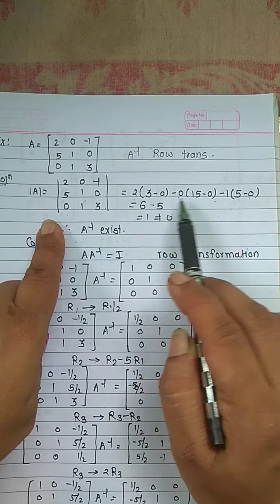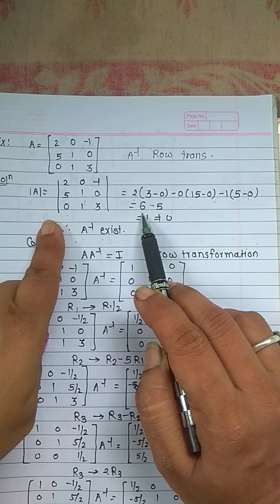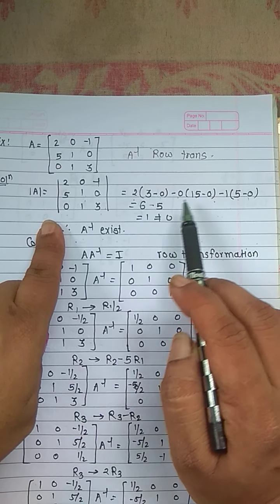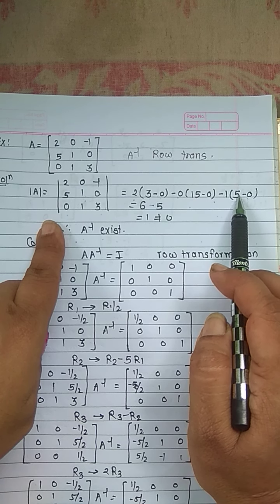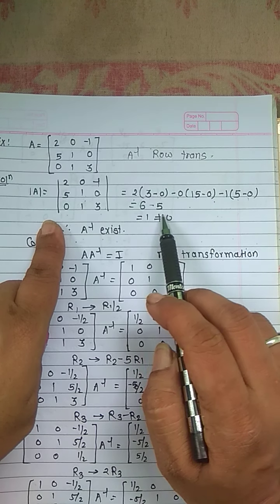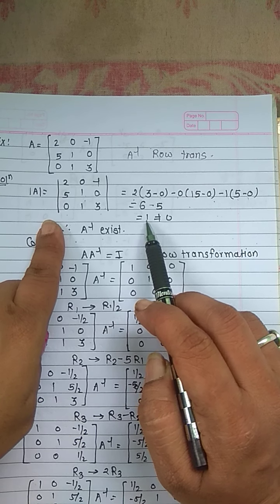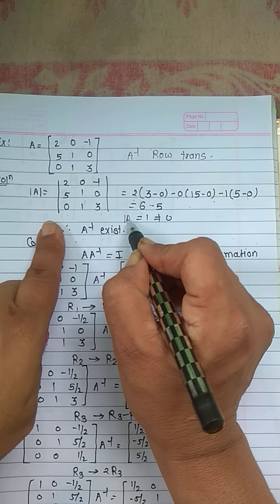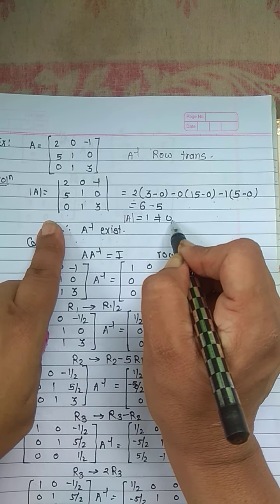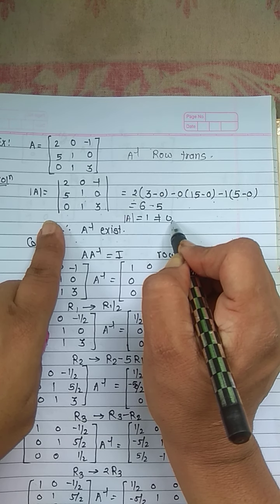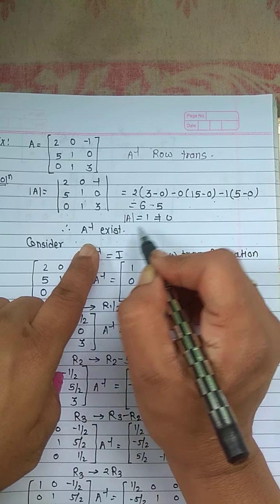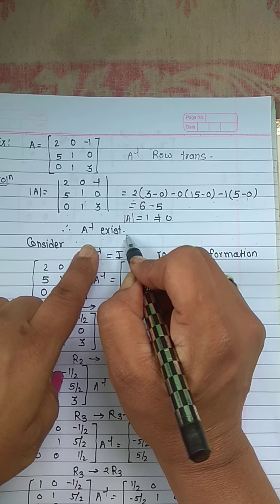Simplify this expression: 2 into 3 is 6, 0 into something is 0, minus 5 minus 1 into 5 is minus 5, 6 minus 5 is 1, and the value of the determinant is equal to 1, which is not equal to 0. That is, A is a non-singular matrix, therefore A inverse exists.